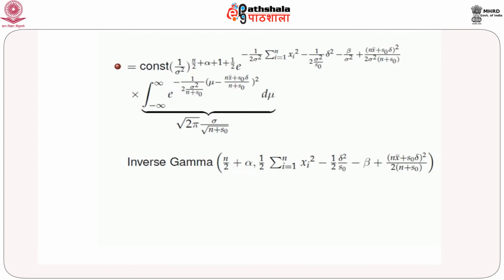So, the value of the above integral is basically the constant root 2 pi sigma over square root of (n plus S naught).